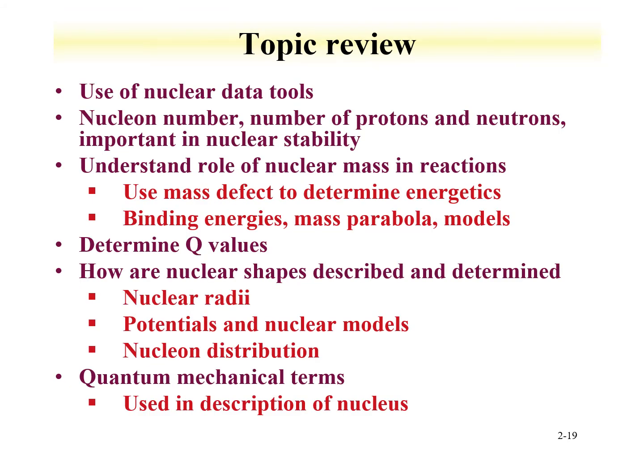In the lecture on nuclear properties, we explored the use of nuclear data tools and provided examples of how they can be utilized. We discussed nucleon number, particularly the number of protons and neutrons in a nucleus, and how that relates to nuclear stability. We explored the role of nuclear mass in reactions, and we talked about the mass defect to determine energetics.